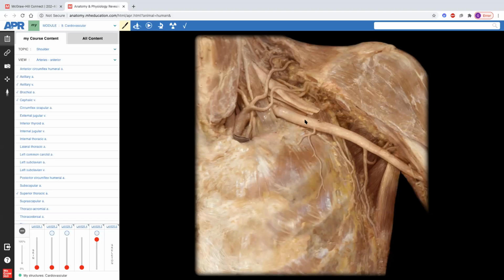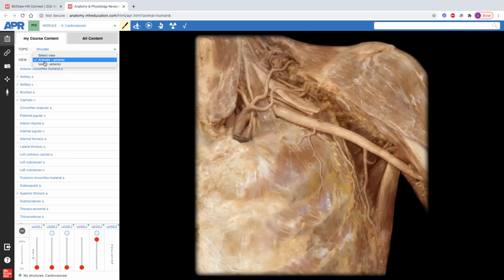When the subclavian artery passes, and you can imagine, here's the head of the humerus, there's an imaginary line here. When that subclavian artery passes that imaginary line, it becomes a brachial. Now, in between, in the armpit area, this is your axillary artery. Oh, that goes a little too deep.